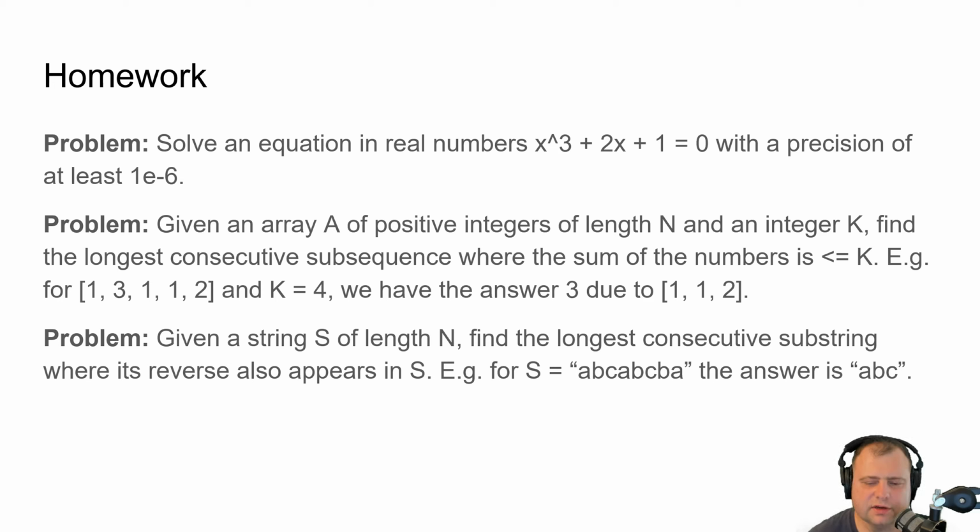Again, we have the same property that if we have a substring of length k which also appears in reverse, we also have the answer for k-1, k-2, etc. So what we do, we do binary search for these lengths, and then we compute all the hashes and put indexes of strings from left to right, and then we loop from right to left. Also compute the hashes and check if the hash is present.